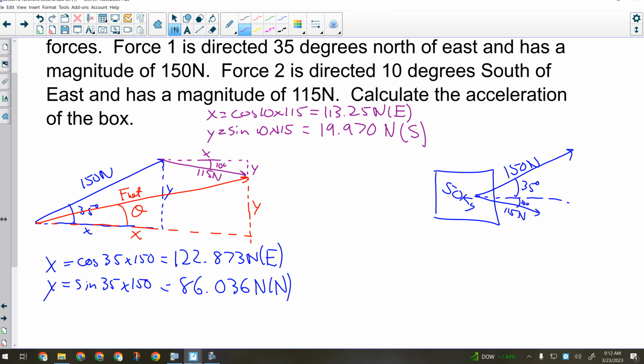Can I find the X and Y components of my net force? Red X is going to be 113.25 plus 122.873, because they're both north. They're both east or north? Or sorry, east. Yeah, they're both east, sorry.